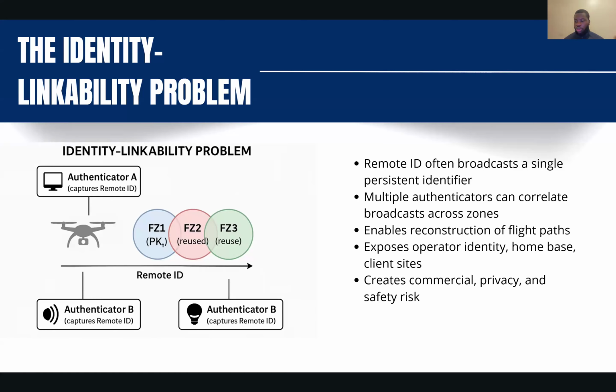This pretty much creates a commercial risk, privacy risk, and even safety risk. And it's one of the main barriers preventing wider UTM adoption. So now let's talk about why identity linkability problems matter so much for operators, in the next slide.